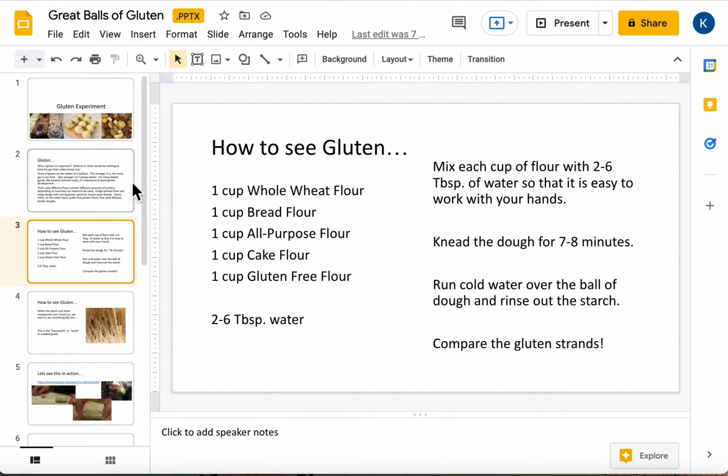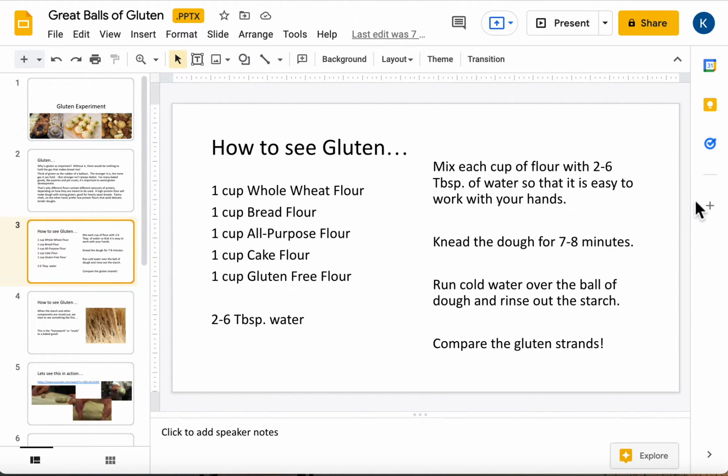Now that we're not rushed, since it's not an early out day, I can show you what this experiment was meant to be. Basically how this experiment works is every group would have gotten a different type of flour and some water. And the idea, again, was to make a basic dough.